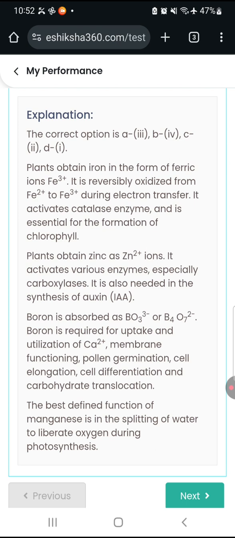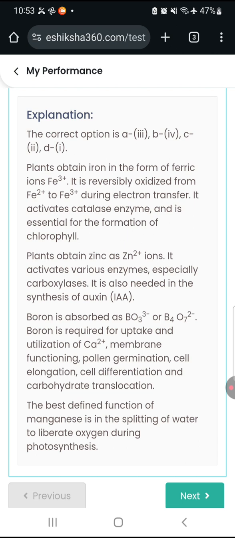Plants obtain zinc as Zn2+ ions. It activates various enzymes, especially carboxylases. It is also needed in the synthesis of IAA. Boron is absorbed as BO3 3- or B4O7 2-.